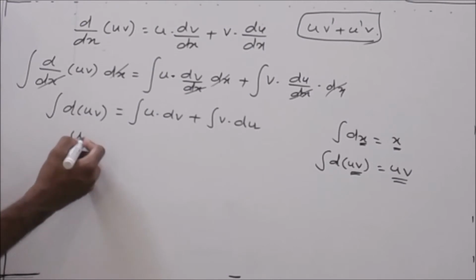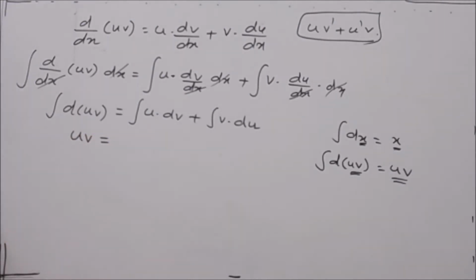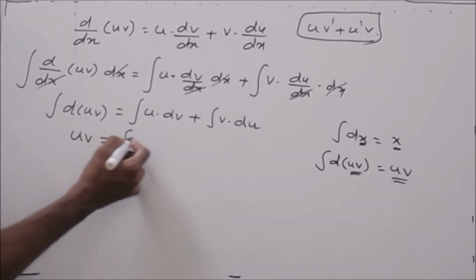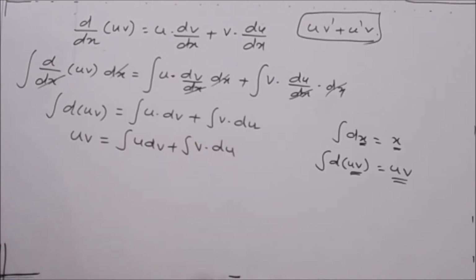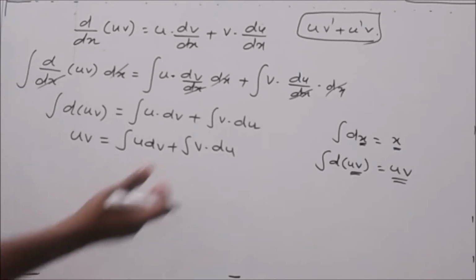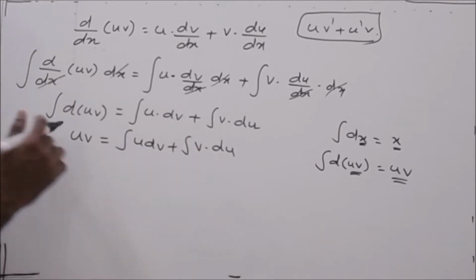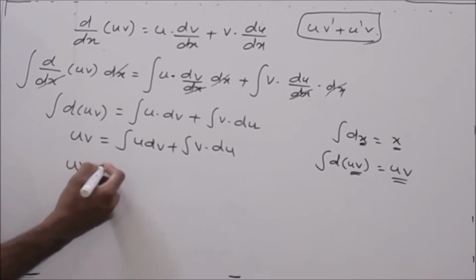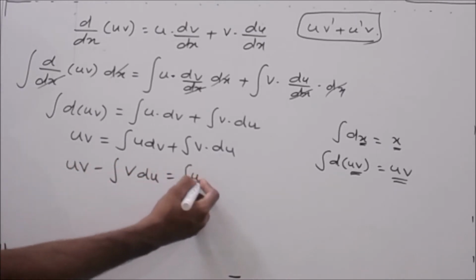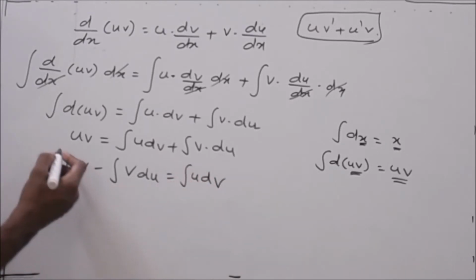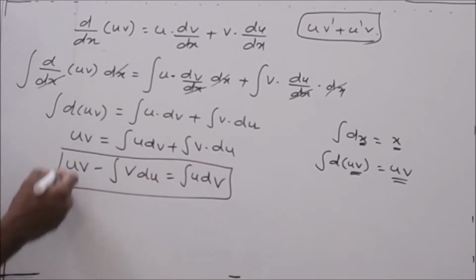Which implies uv equals integral u dv plus integral v du. Now we are concluding the formula from this. Bring the integral v du to the left side: uv minus integral v du equals integral u dv. So this is the formula for integration by parts.